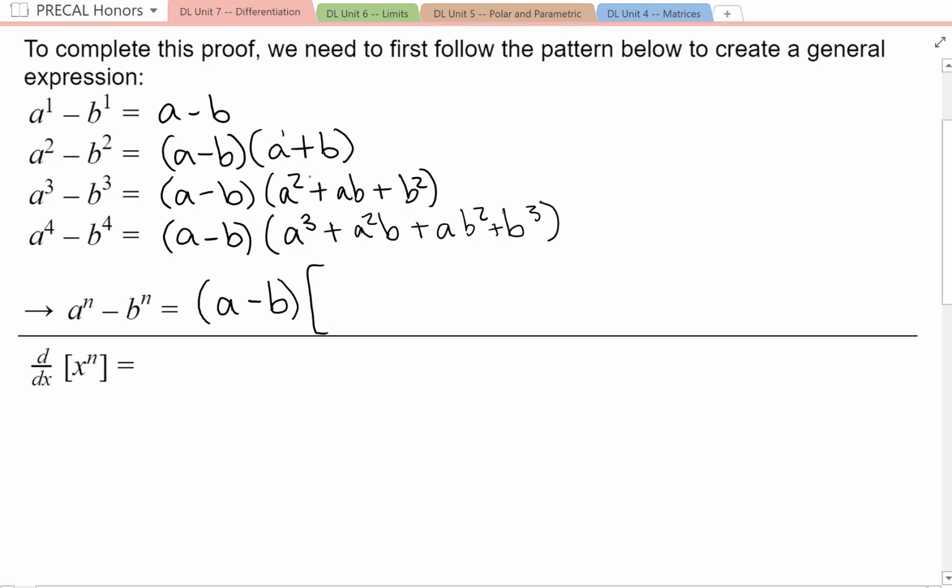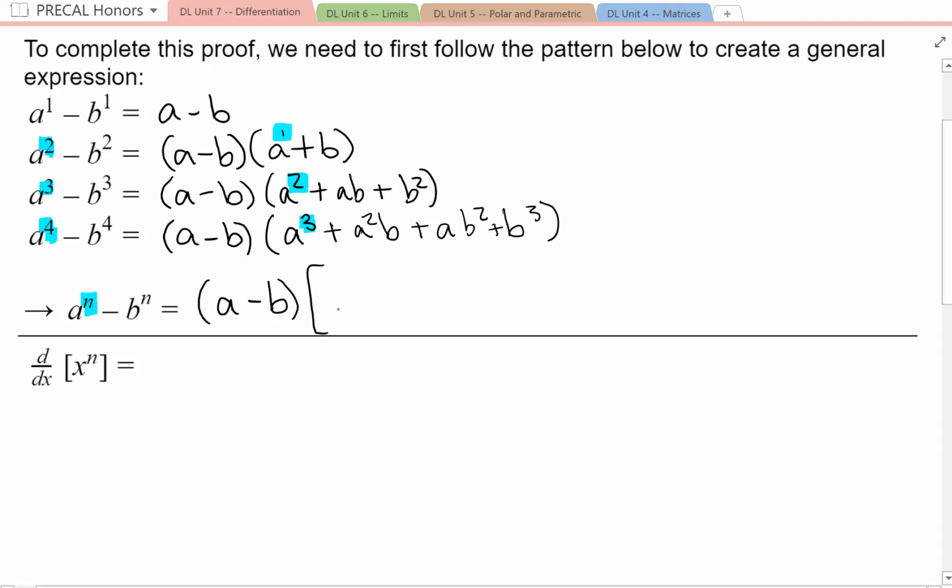We want to refer to each of the exponents in terms of n so that we can create a general form. The power that is inside the second quantity is 1 less than the original power.